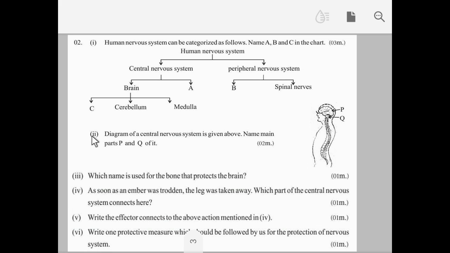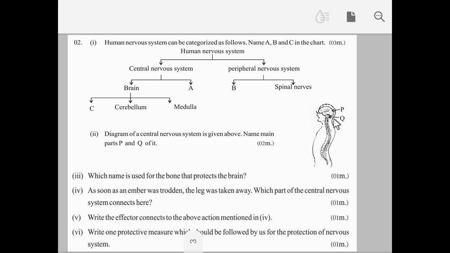Second one, a diagram of a certain nervous system is given above. Name main parts P and Q of it. P can be seen as the cerebellum. Kuda Molaya, cerebellum.